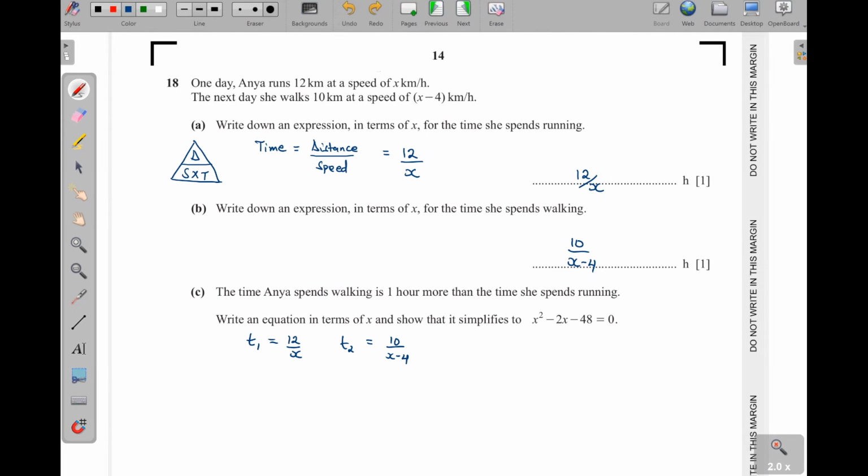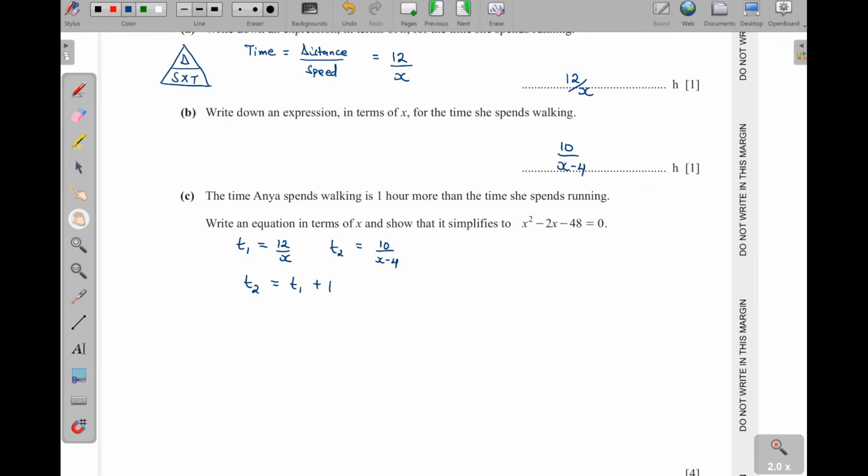So meaning we shall have T2 is equal to T1, remember it is in hours, plus 1 hour. That means T2, which is 10 out of x minus 4, is equal to T1, which is 12 out of x, plus 1. Now this one is the same as 1 over 1, and then I need to have one fraction.